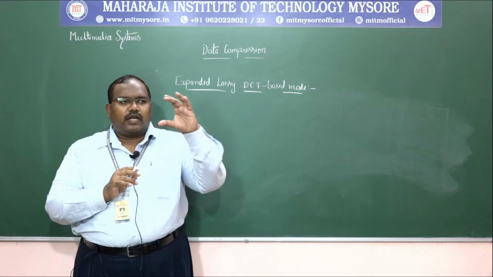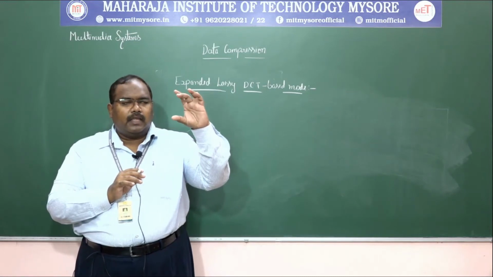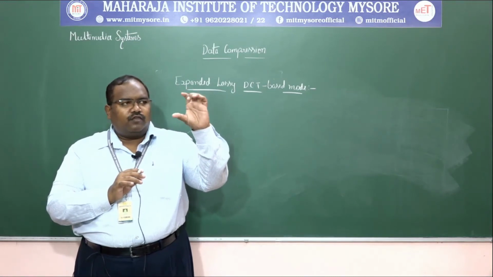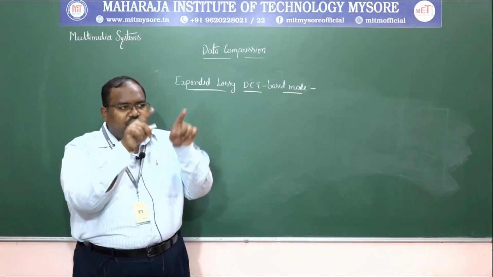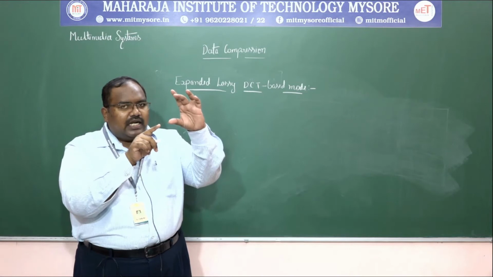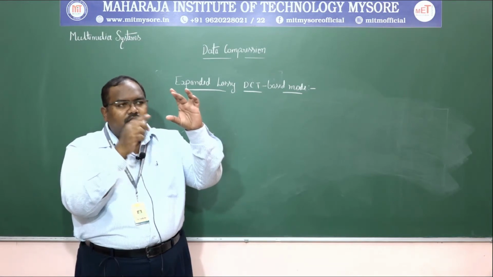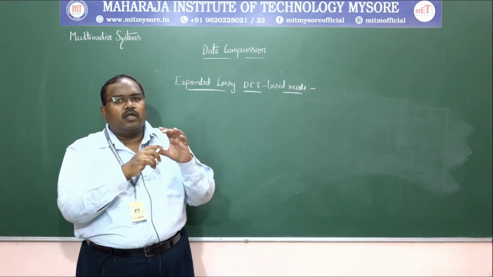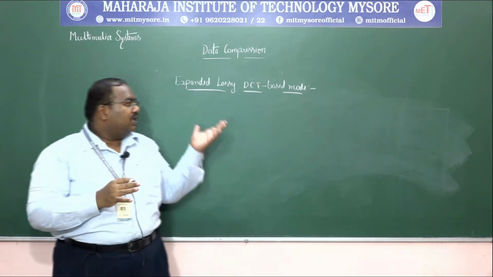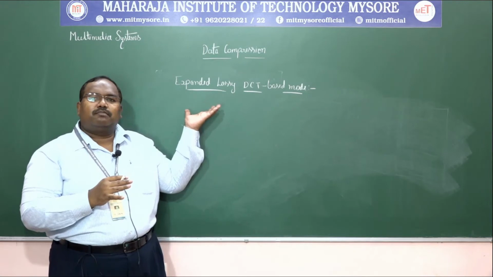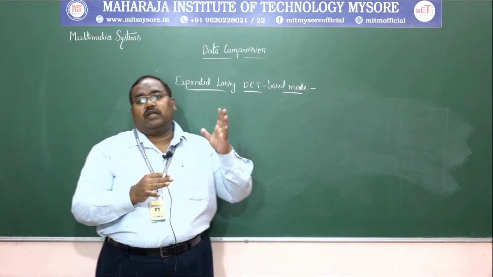Whenever you try to focus on a particular person in a camera and it is out of focus, you see the outline of a face, but the clear details of the eyes and nose are not visible. That kind of image is produced initially in the expanded lossy or progressive technique.